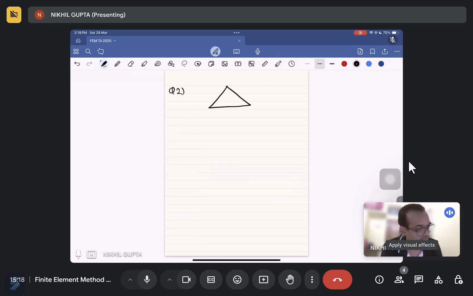Why is it known as that? Because there is no variation of strain. I'll show that. So the next question is why the three node triangle is known as constant strain triangle. We'll prove this.